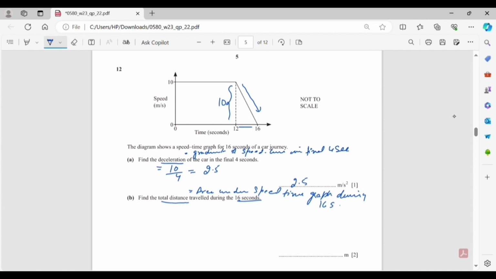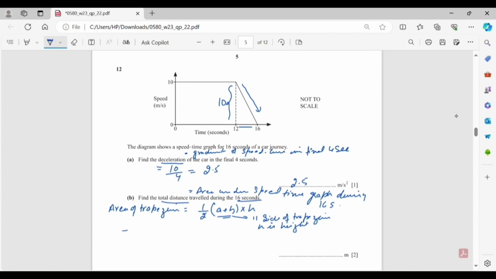So area of trapezium will be equal to 1 by 2 (a plus b) into height, where a and b are the parallel sides of the trapezium and h is the height.